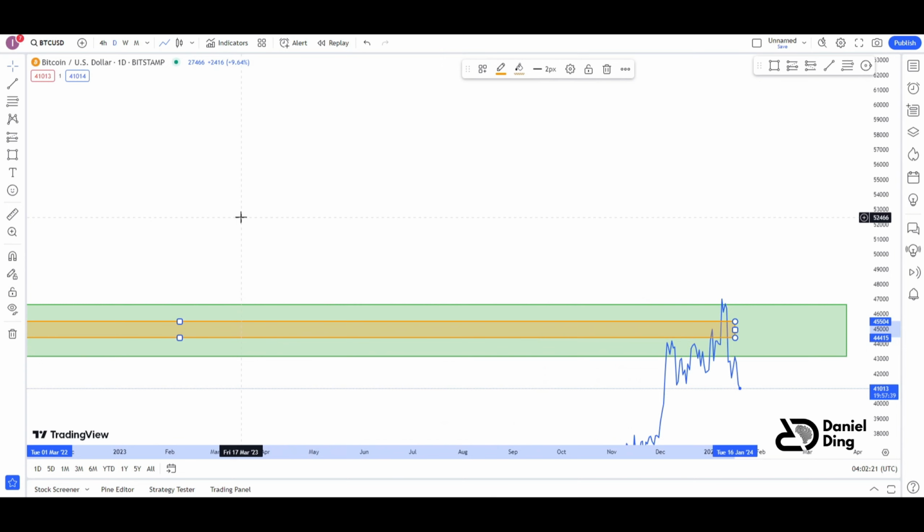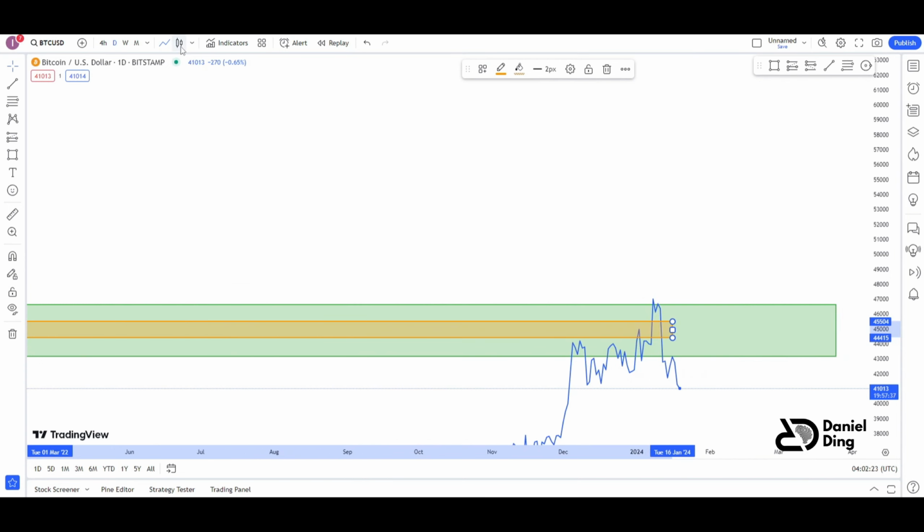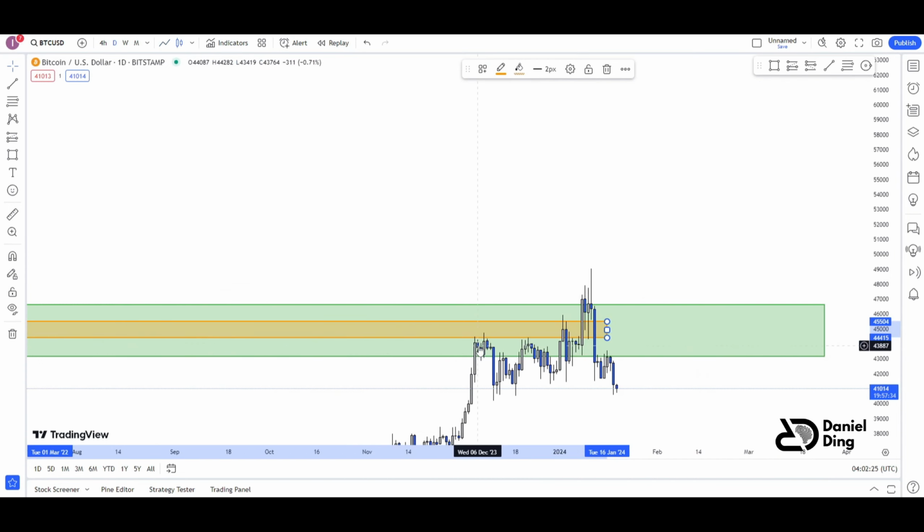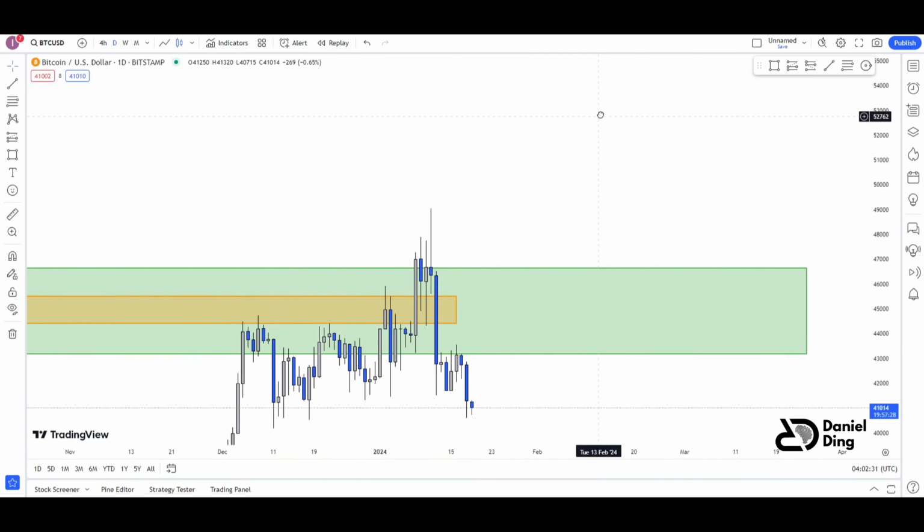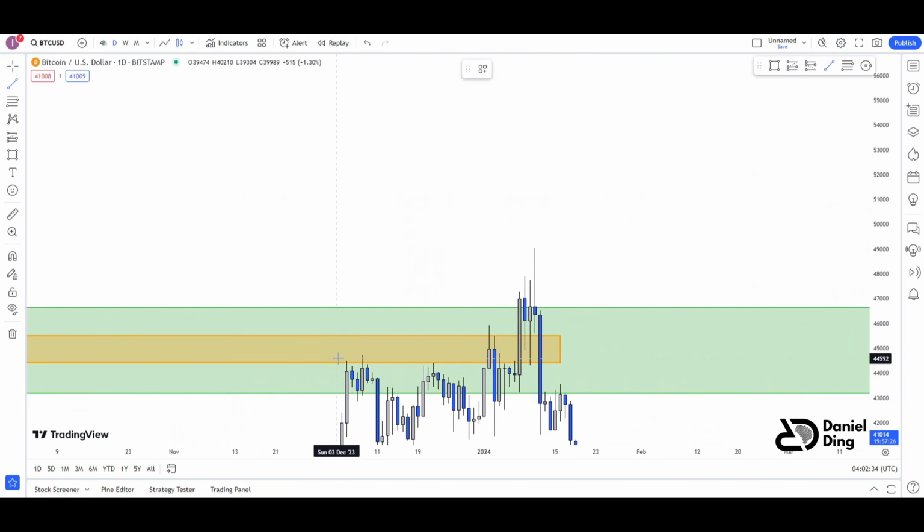See what price did? Went here, pop, tested, pop, it scooped up some liquidity. So there was liquidity built here. These equal highs, it's buy side liquidity. So it took the liquidity and went up here again.